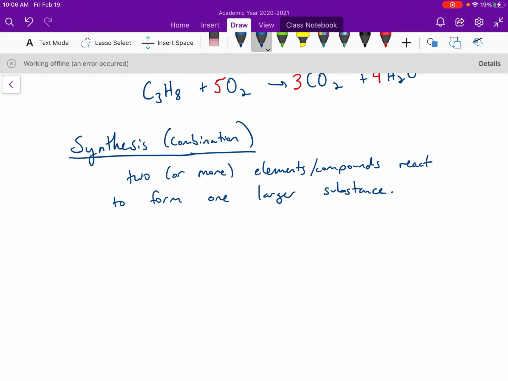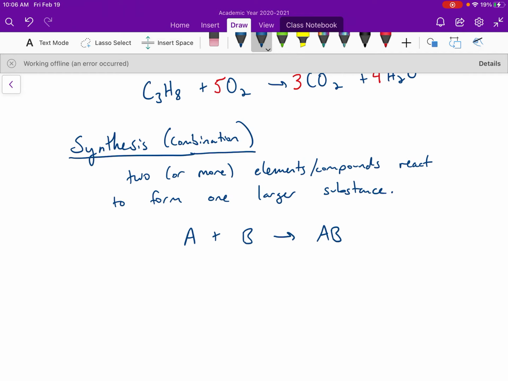So if we're doing generic here, if we have substance A plus substance B, we would get the compound AB. Okay?